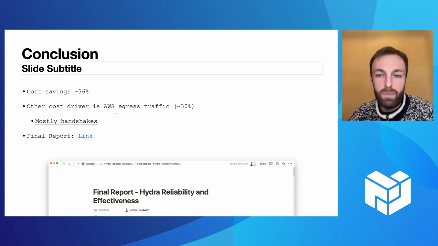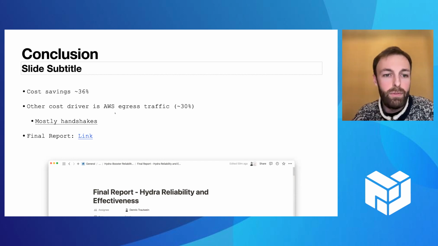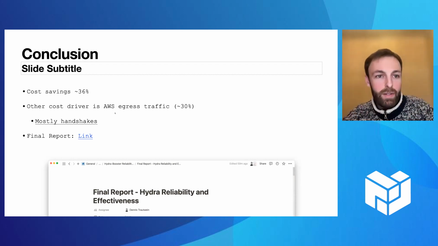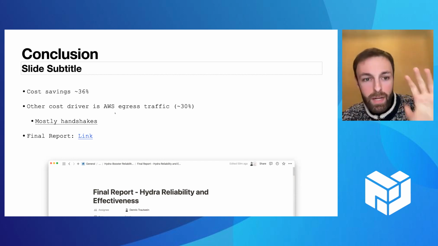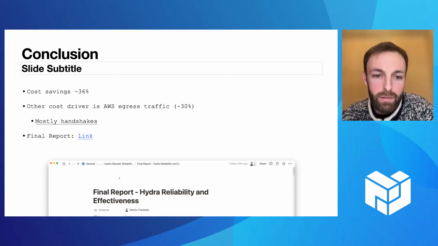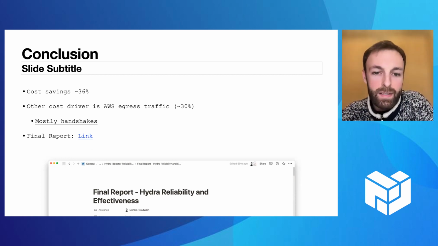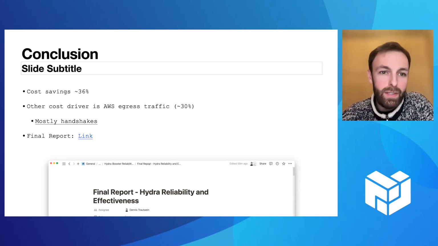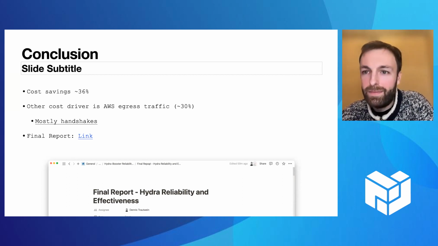So there's probably also some area of improvement. I've written all of this up with plenty more graphs in a final report, which is linked here, so feel free to have a read there as well.